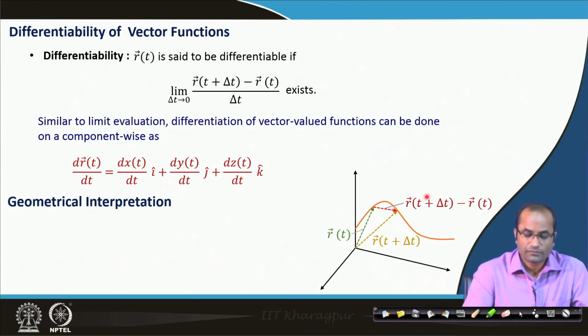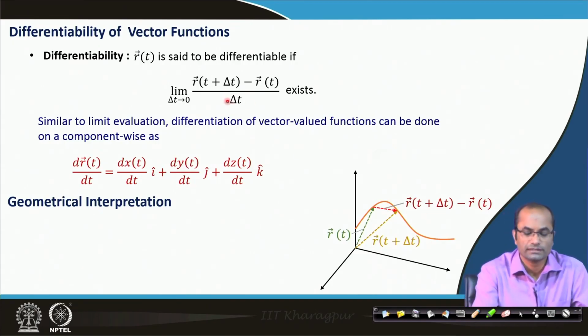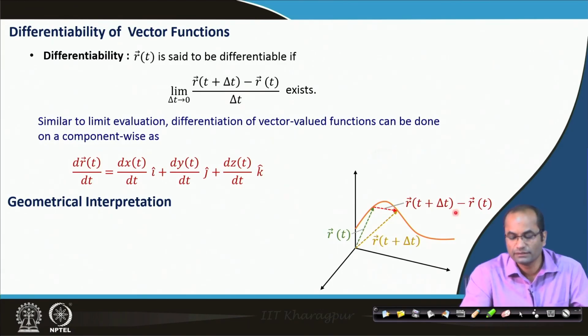If we divide this difference by delta t, the direction will not change, only the magnitude will change, because delta t is a scalar quantity. Then we look at what happens when delta t approaches 0. Naturally, this line will approach the point and become a tangent at the point described by r(t).